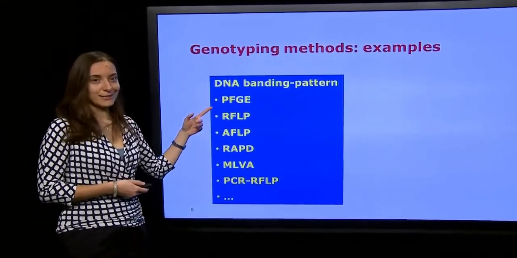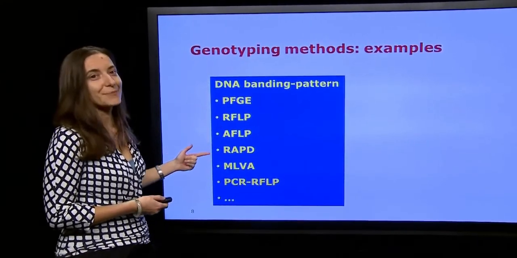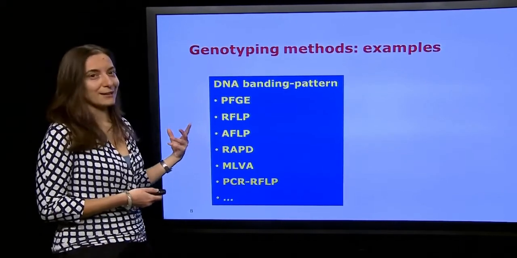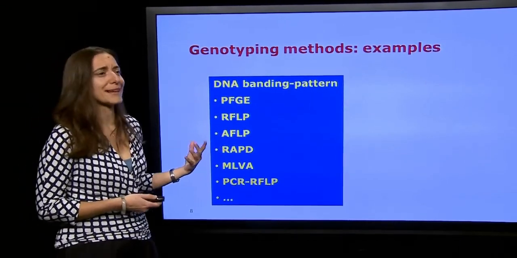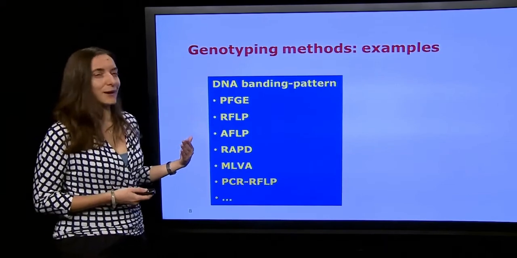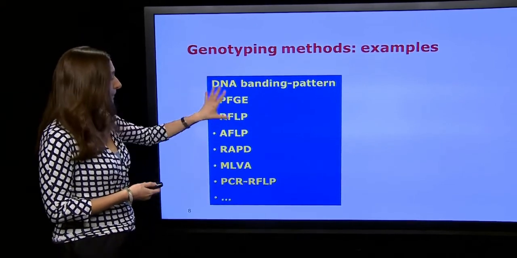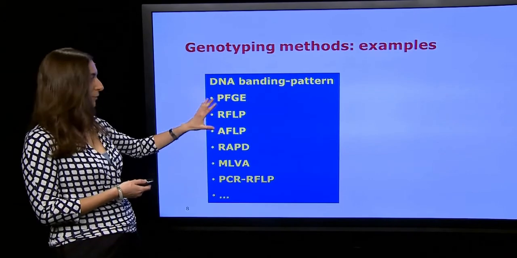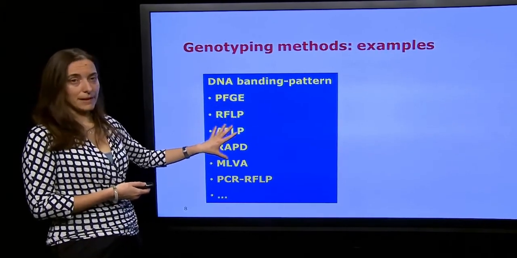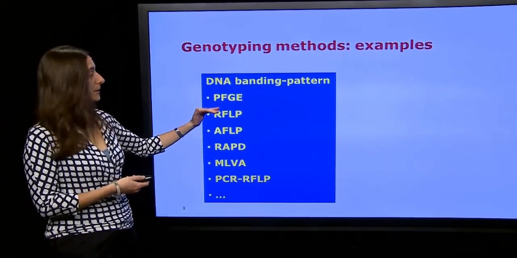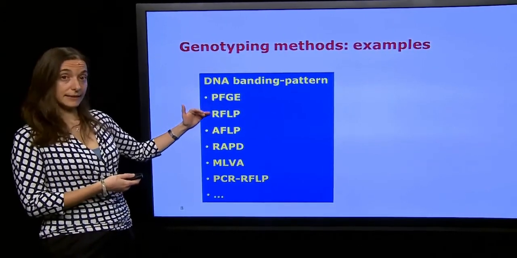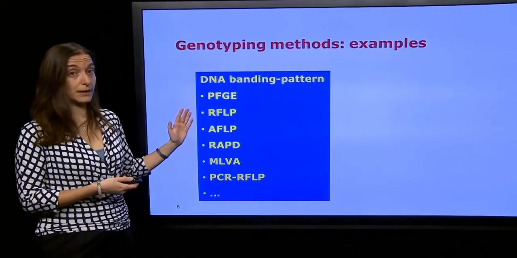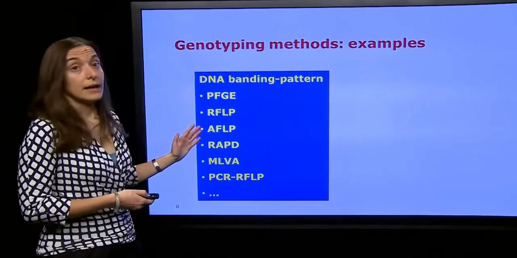And all these letters, this is the complicated part I was mentioning at the beginning, because they are acronyms for the methods. And of course, it is difficult to memorize them unless you start working quite a lot with them. It's nothing that needs to be memorized just for general knowledge, but the main principle is that all these methods are based on the fact that the DNA will be fragmented, and then we will separate the fragments and analyze the patterns.